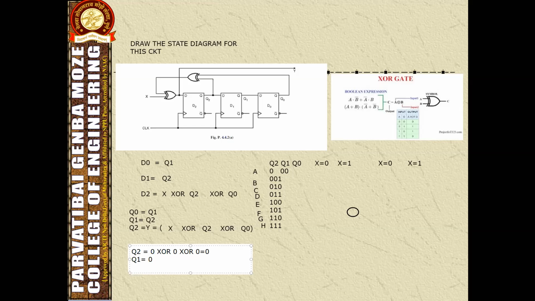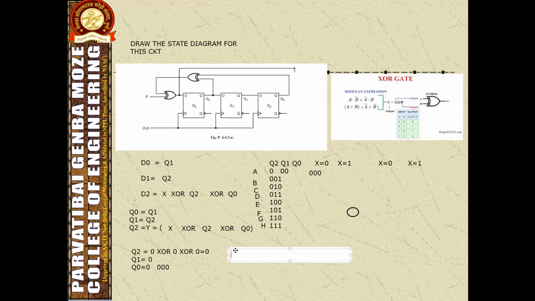And Q0 is equal to the output of Q1, and Q1 is 0. So at the end, Q2 is 0, Q1 is 0 and Q0 is 0. So the combination we are getting here is 0, 0, 0.